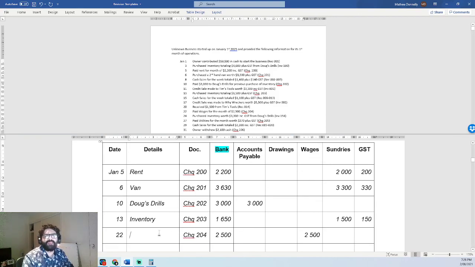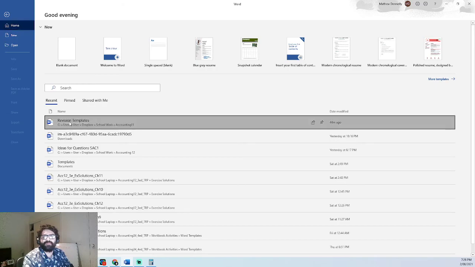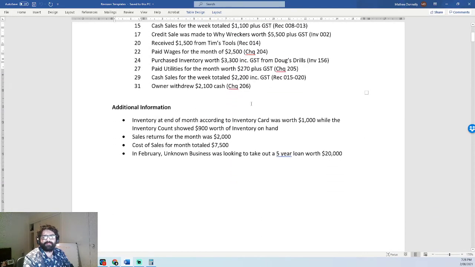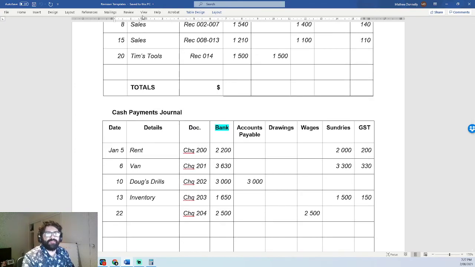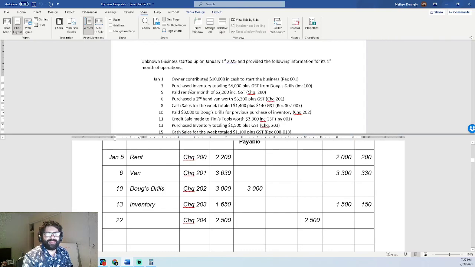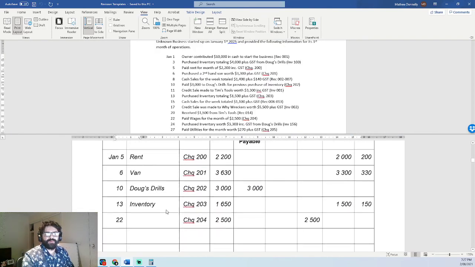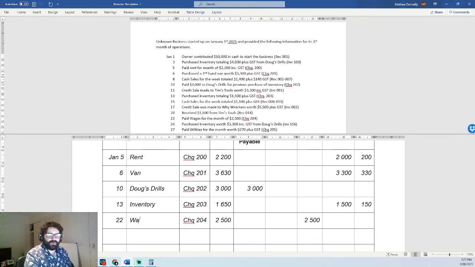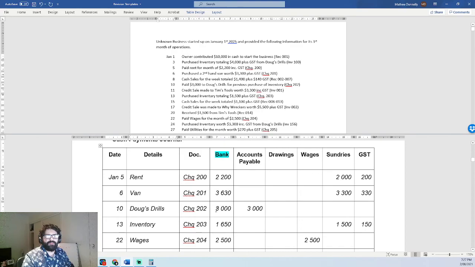And we see that it's wages, so you can just put wages in. I think I just closed it. Okay, I closed it, but it's saved. Hooray. So I'll just get that back up. Yep, we're good. So we see 22nd and we go wages. And nice and resolved.